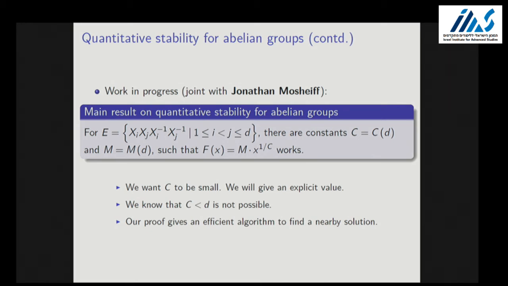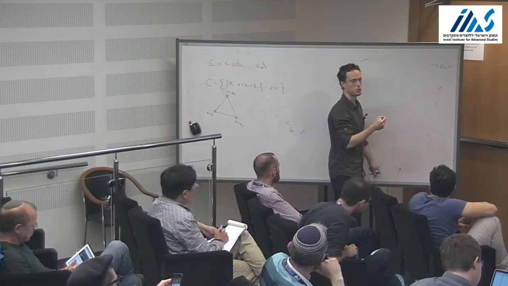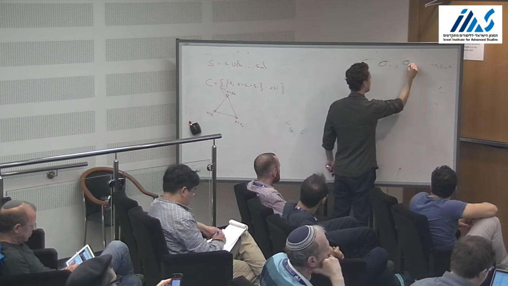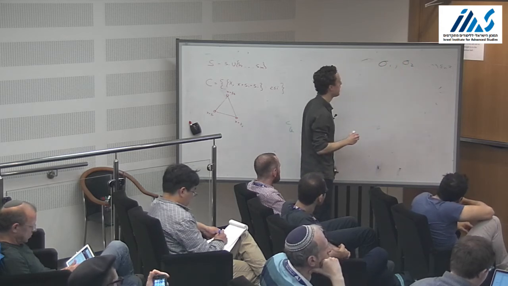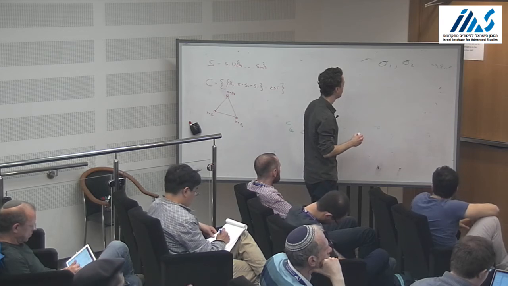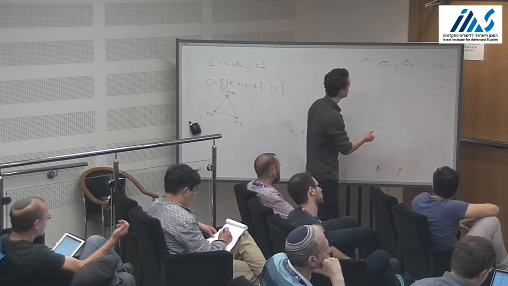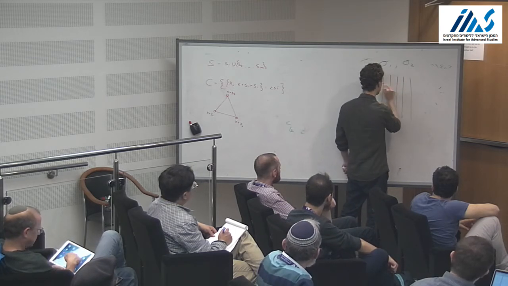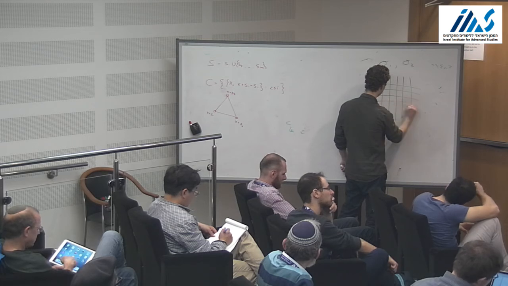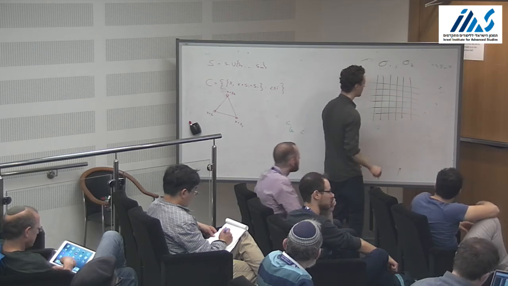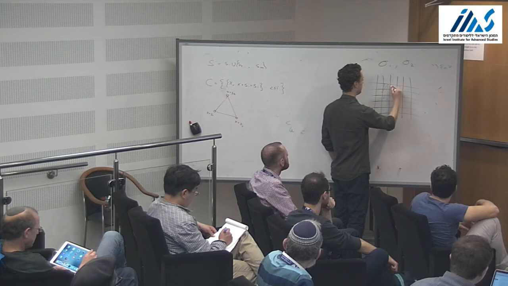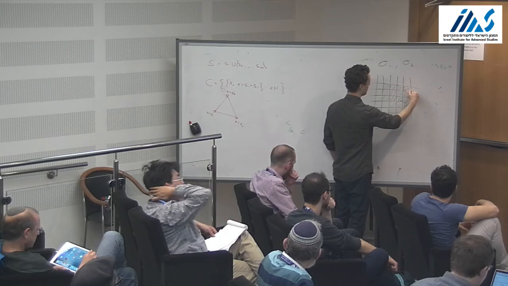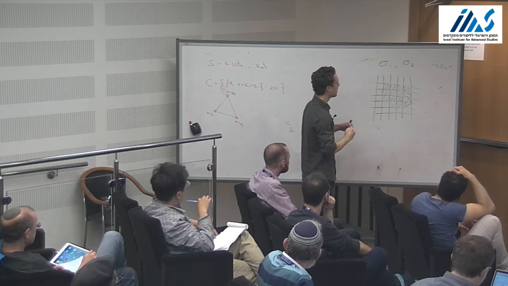So let's say that I have, let's work with 2 permutations, sigma 1 and sigma 2. And then, I'm not sure what I'm going to draw, but let's draw a grid. So if I take a grid and then let's take some square in the grid. Think about this grid.